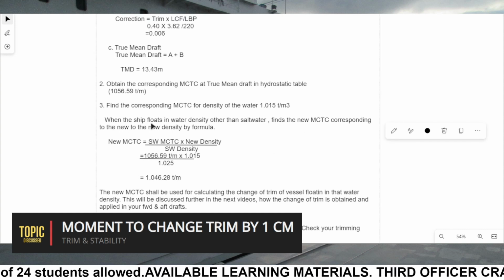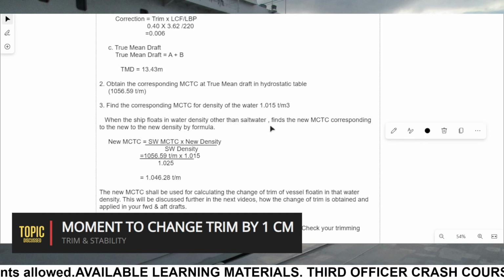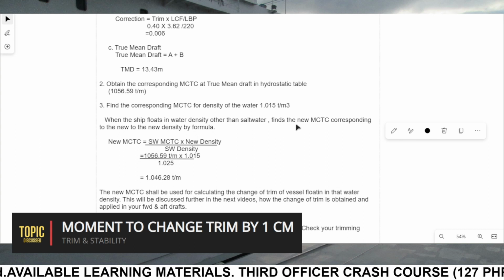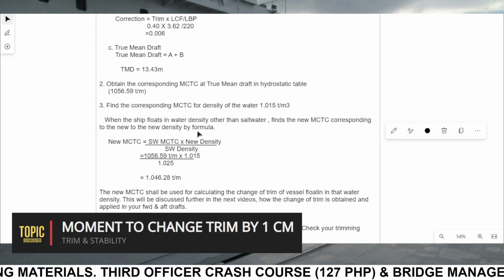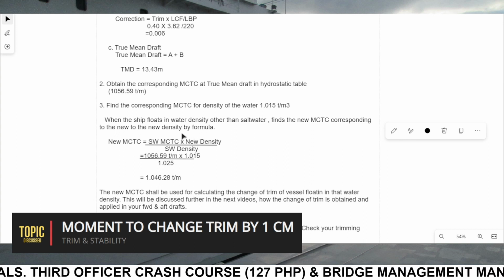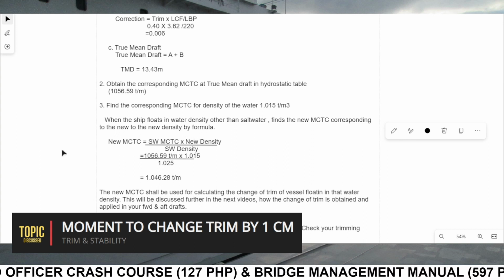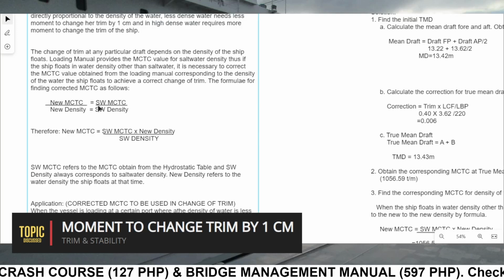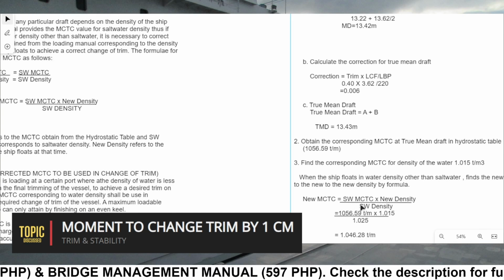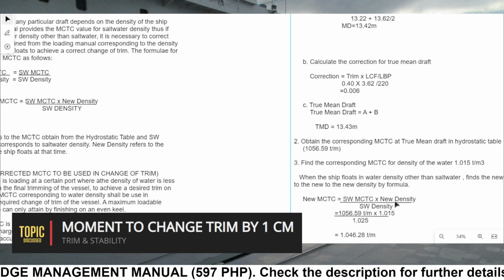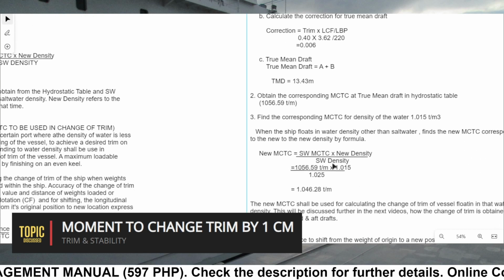When the ship floats in water density other than salt water, find the new MCTC corresponding to the new density by formula. New MCTC, this was our example way back, is equal to saltwater MCTC multiplied by new density over saltwater density.